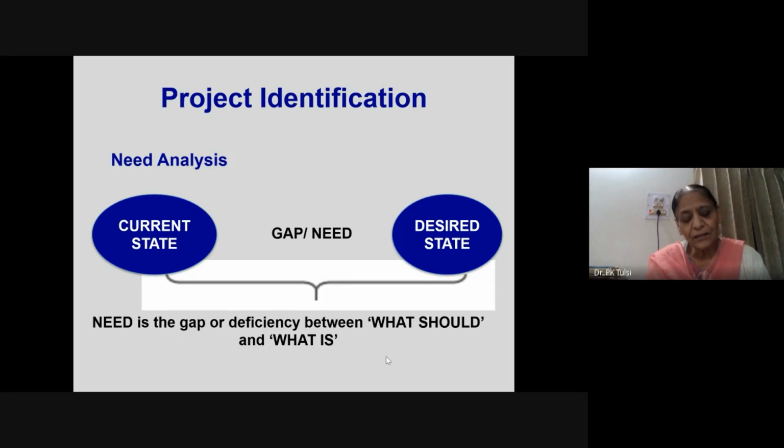Likewise, the surveys taken by the CII and the AICTE of India, that is the skill report which is available, even that indicates there is a skill gap.